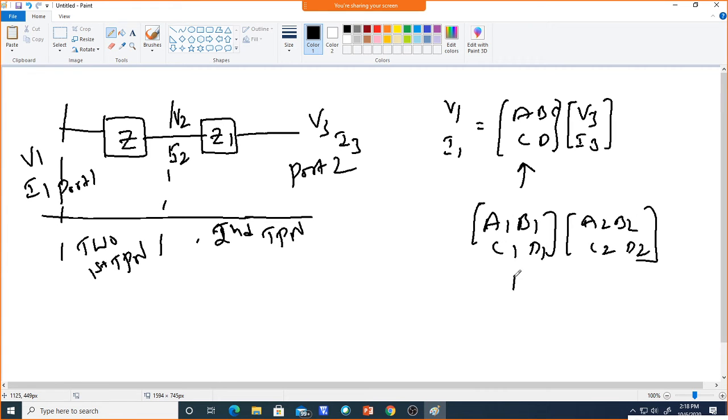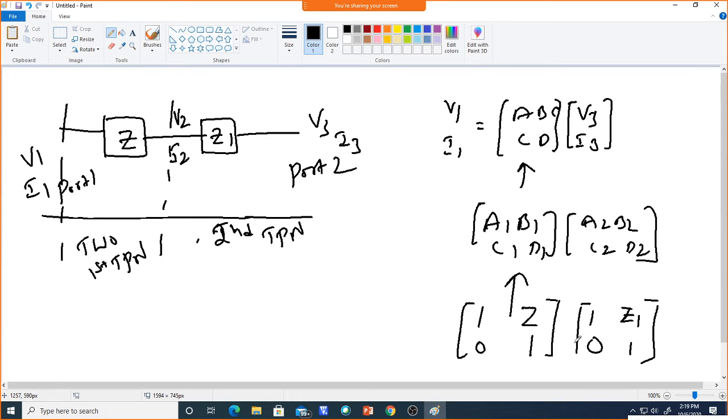Now A1 B1 C1 D1 is equal to 1 Z, 0 1, which we have done earlier, multiplied by 1 Z1, 0 1. If you multiply, this will give the final result of the cascaded connection.